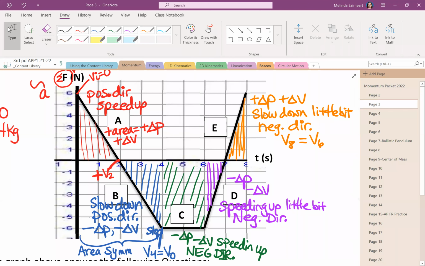You could do time-weighted average. You could read the force at every second, right? And you could do a time-weighted average, but who wants to do that? What's a different, and I think easier way to find your average force for the whole time? Area.